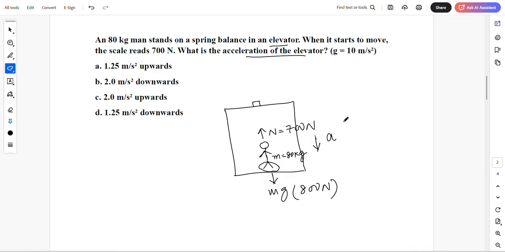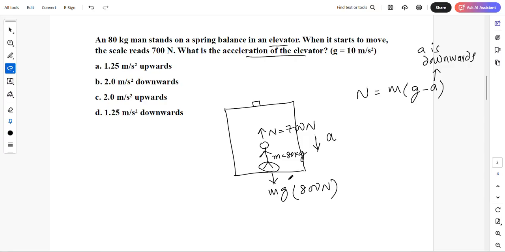Whenever you have A down, you are supposed to write N is equal to mg minus a. Just see here, mg.